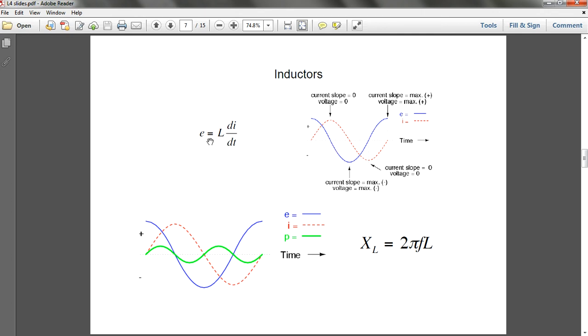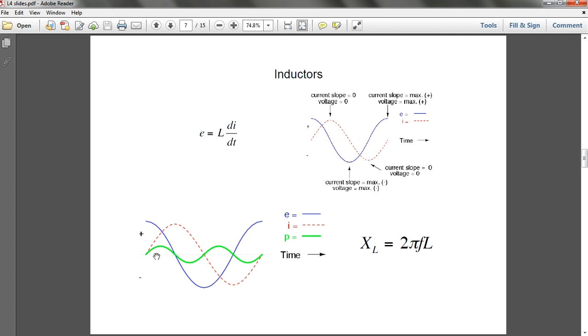As the flux changes, the inductance flux changes, you induce a certain amount of voltage. If there's a lot of flux change, there's a lot of voltage. And if there's a lot of change in the current across time, you also have a lot of voltage. What I also want to say is that the voltage leads the current. What does this mean? P is this green color, P comes out first.